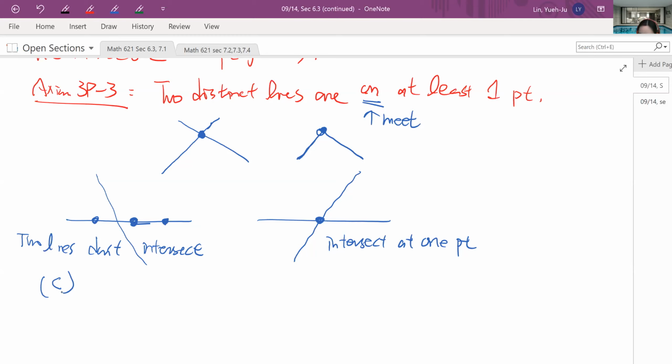So to violate axiom 1, what's axiom 1 here? It says there exist exactly 3 points. So let me give you a hint that in this case, you probably need to draw a picture or a model which has more than 3 points.